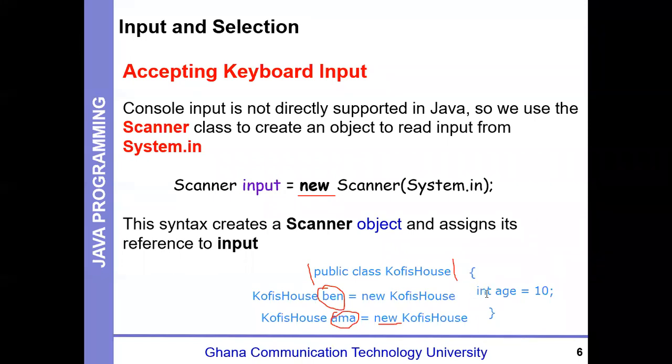That is, that person's age is going to be 10. So now in this case, Ben will be 10, Amma will also be 10, because that's what I would describe within the class. And that's why we say the class is a blueprint for creating objects.